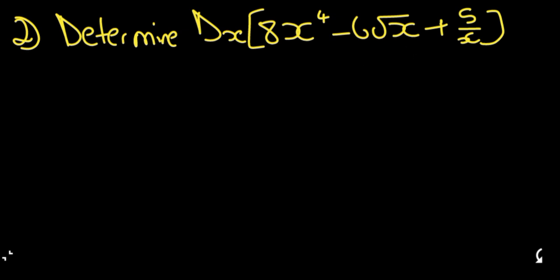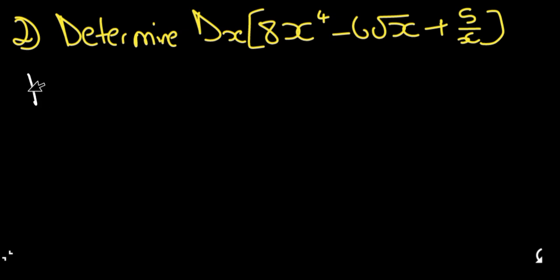And when I'm given a fraction, I change the fraction into an exponential, especially if the variable that I need to differentiate is in the denominator. I'm going to take that variable into the numerator. So let me show you in detail.